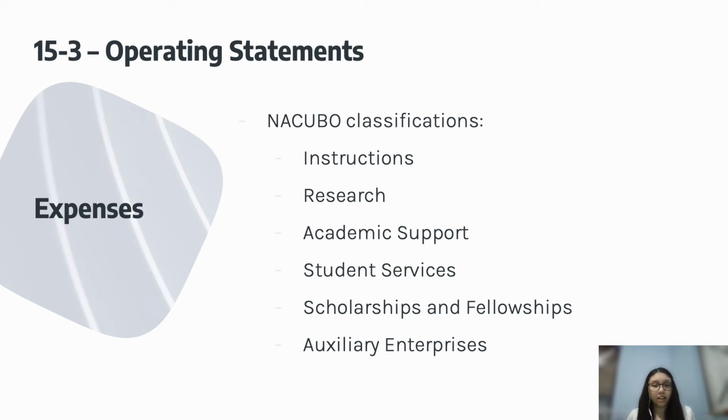Now, as you can see from the accounts here, NACUBO functional expense accounts don't clearly define program and support functions. To be in compliance with FASB, private institutions must report expenses by nature, like salaries or depreciation, and function, like program and support expenses, in one place, either on the face of the statement of activities, in the notes, or as a separate financial statement.